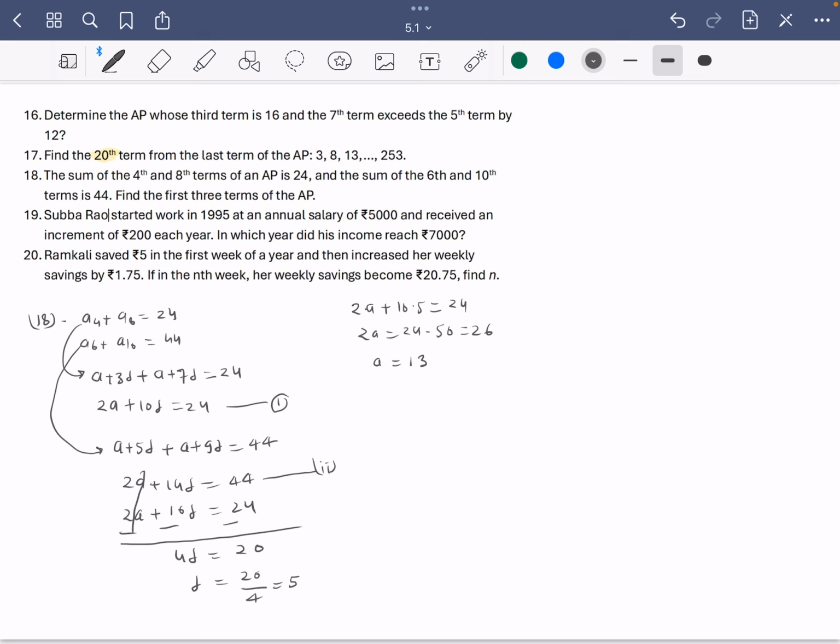Sorry, it's negative 26. It's negative 13. So find the first 3 terms of the AP. The first term is going to be negative 13. The second term is going to be negative 13 plus 5, negative 8. The third term is going to be negative 8 plus 5. It's going to be negative 3, and so on.